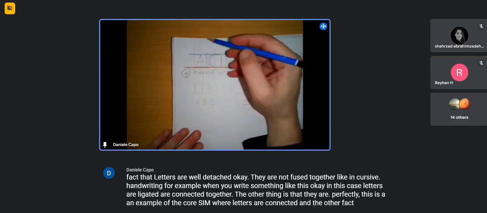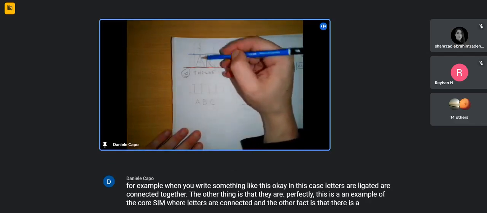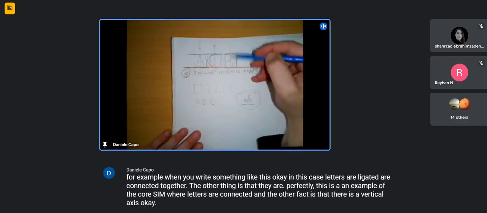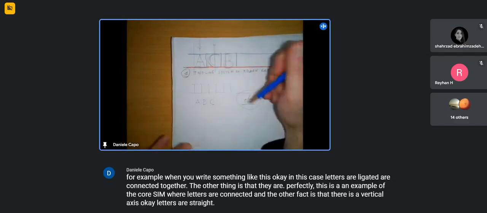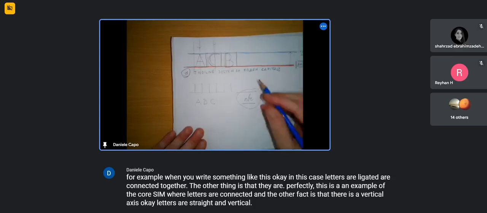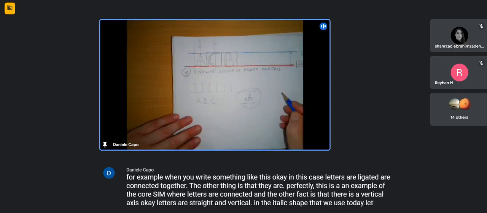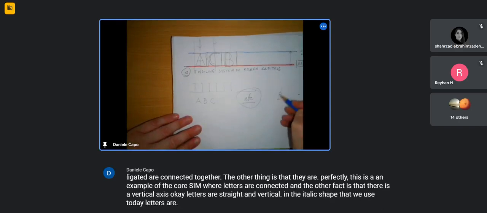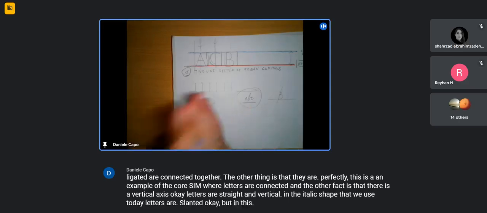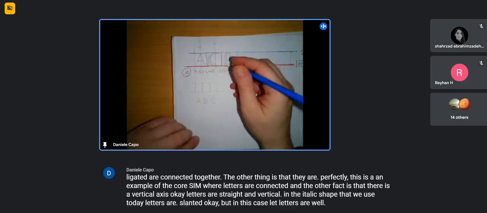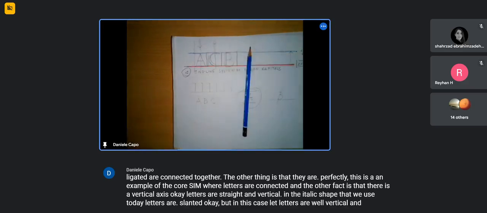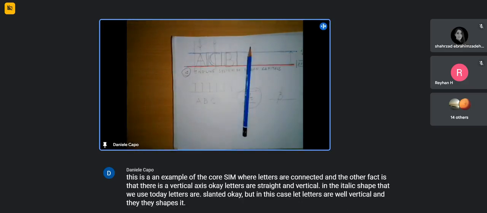And the other fact is that there is a vertical axis, okay? Letters are straight and vertical. In the italic shape that we use today, letters are slanted, okay? But in this case, letters are well vertical, and their shape is very static in some way, okay?